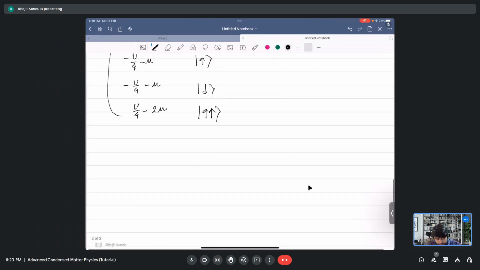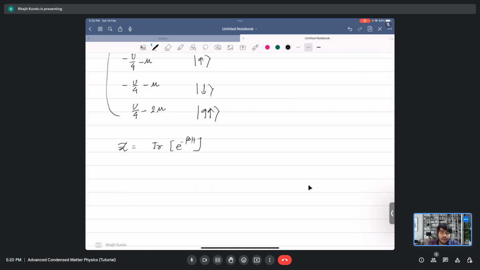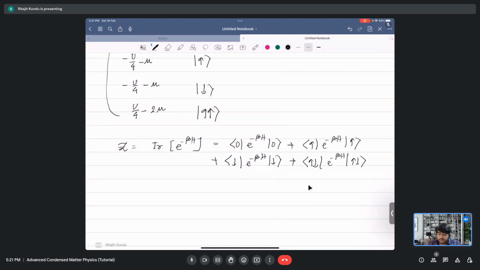Okay, so I can now write the partition function. The partition function, as you know, is the trace of e to the power minus beta H, and I can directly use the eigenbasis to write out the trace. So these are the four terms that you will have in this trace.